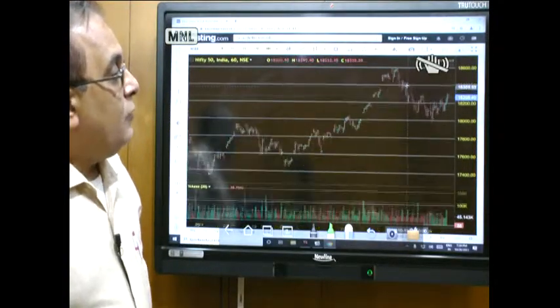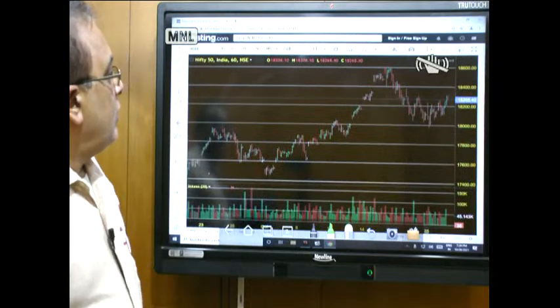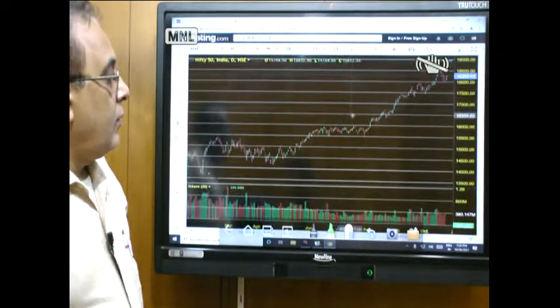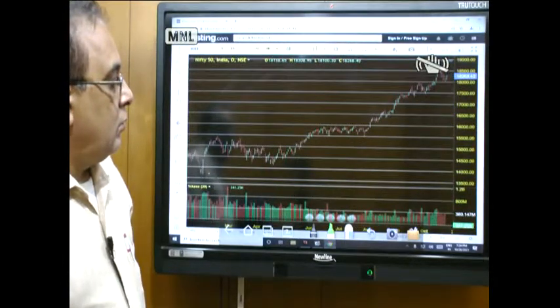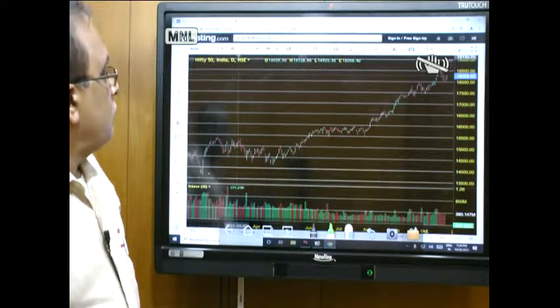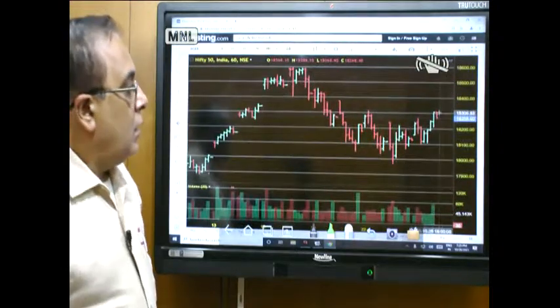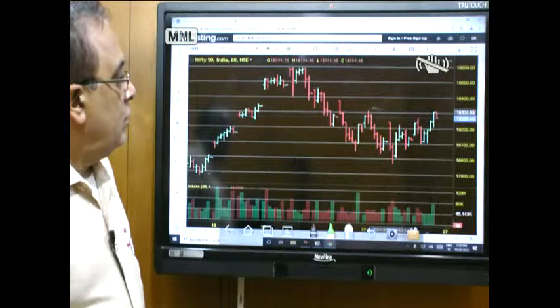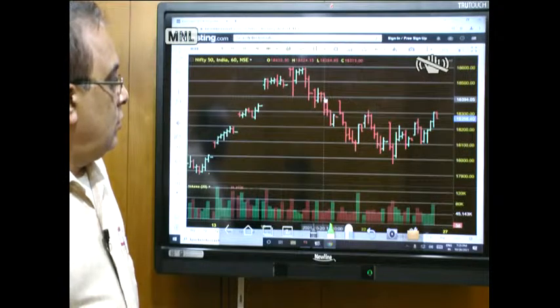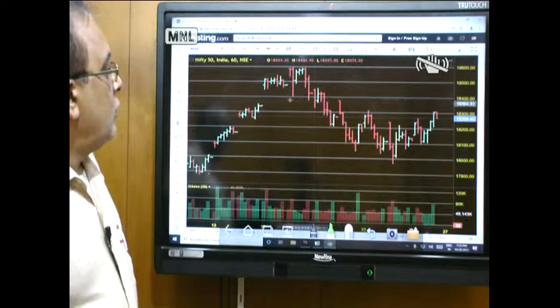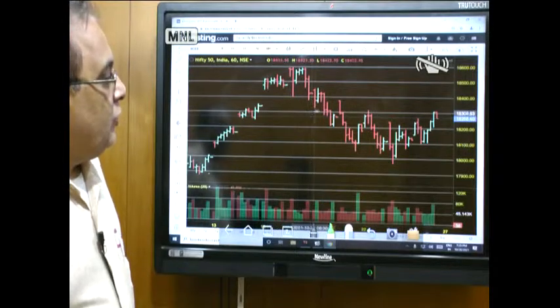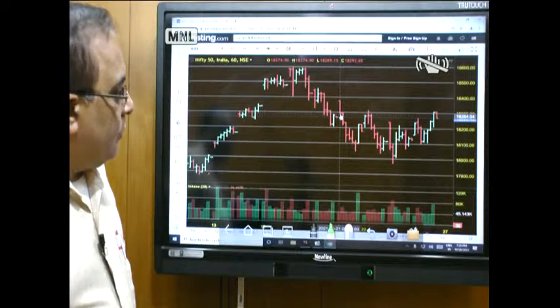So similarly, let us look at this chart. Now this is not a gap up.